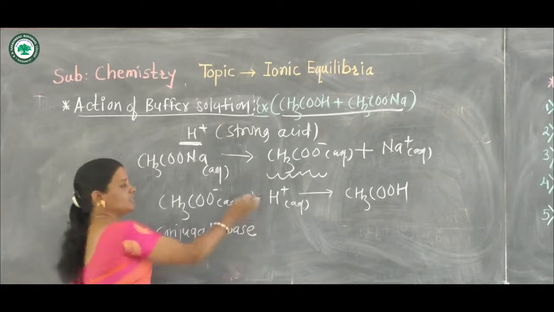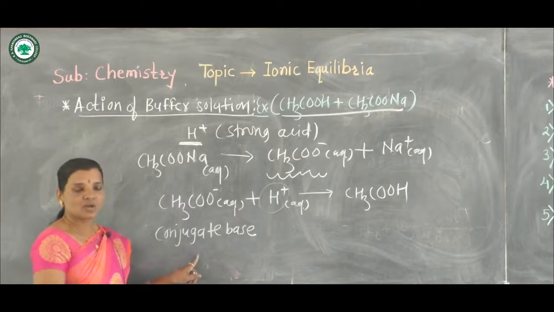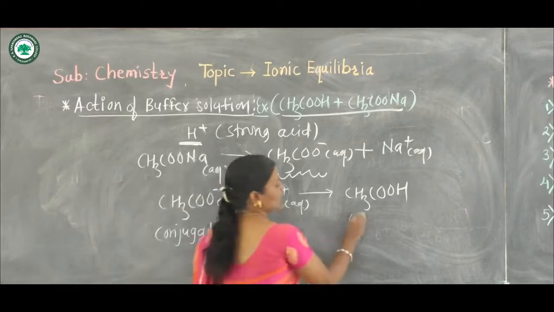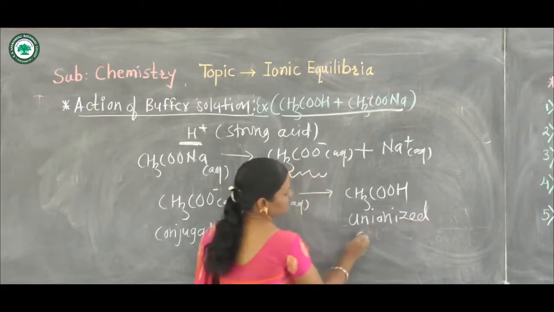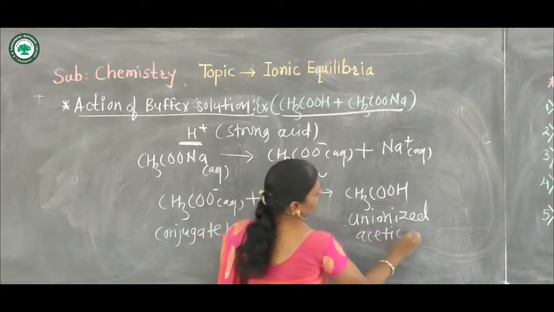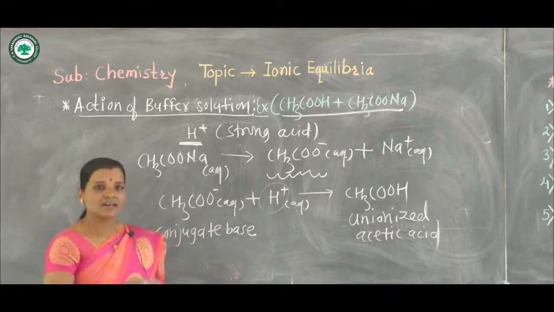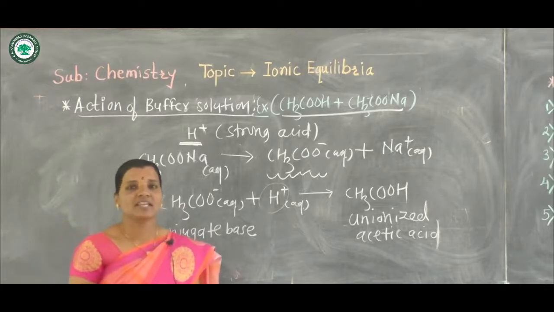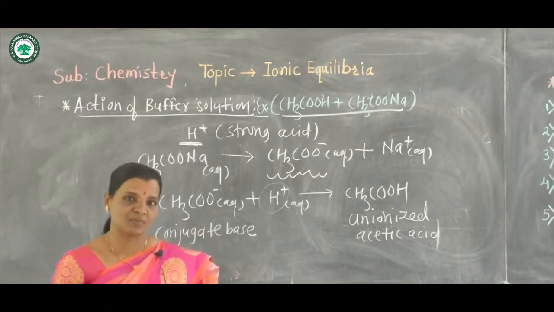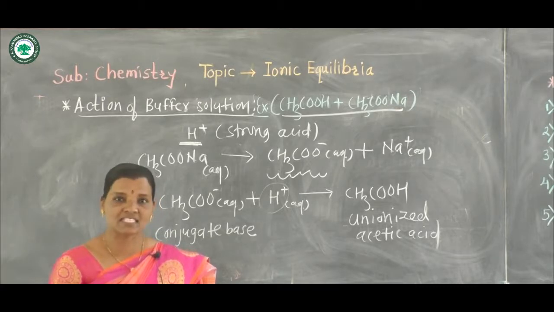It consumes this H plus ion, so it acts as a conjugate base that accepts H plus ion to form unionized acetic acid. Thus by the addition of H plus ion, there is no change in the concentration of H plus ion, and hence pH of the solution remains as it is.